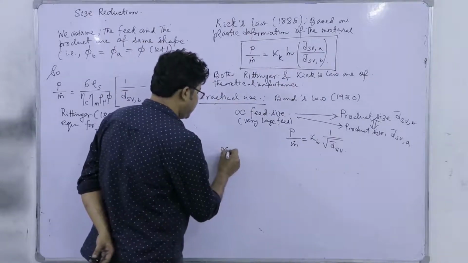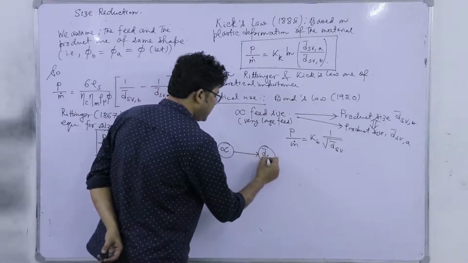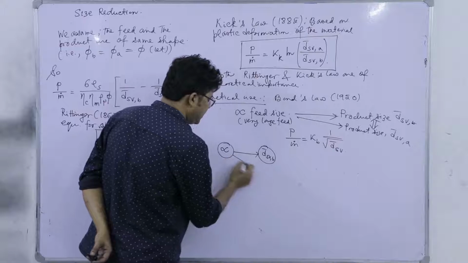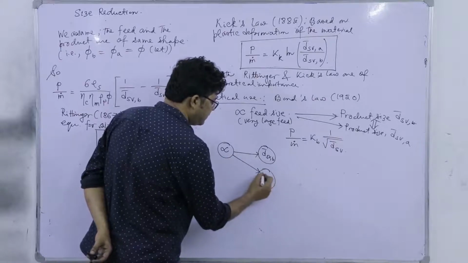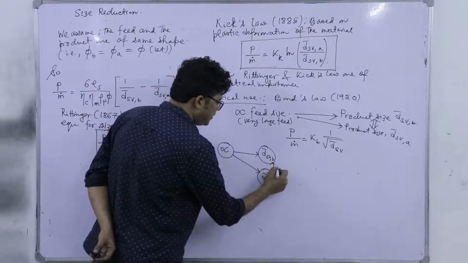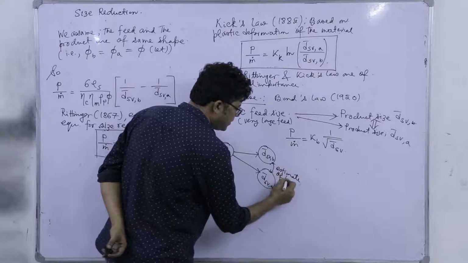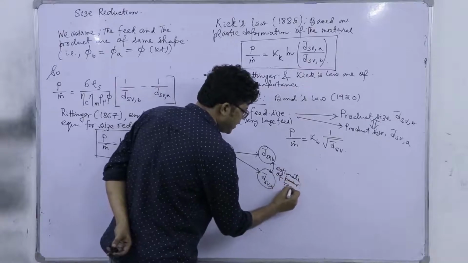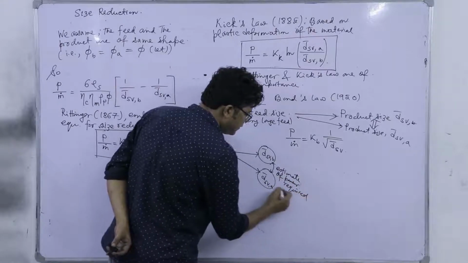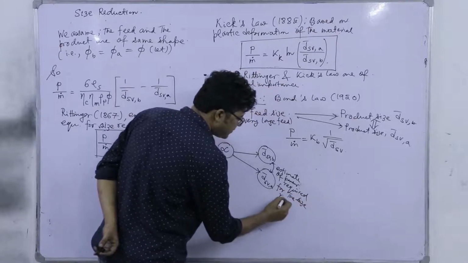So from infinite size, one gives you d bar SV B, another is of product size d bar SV A, and this gap is the estimate of power required for the size reduction device.